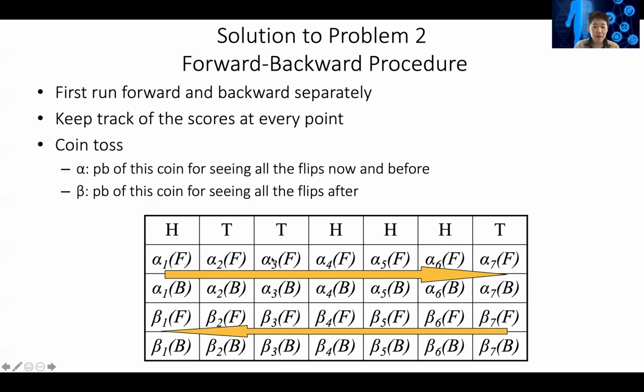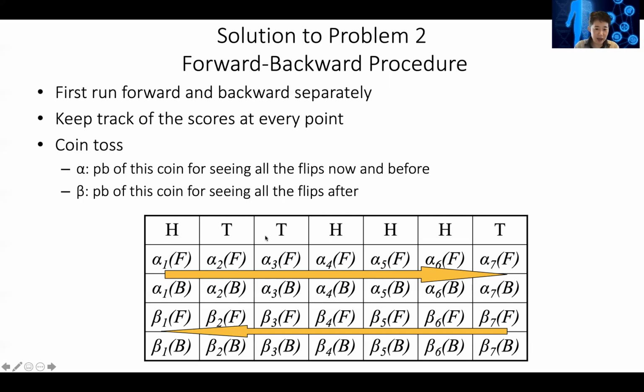Whereas the alpha 3T is what's the probability of using a fair coin in order to see T, and before that T and H. And so we run the forward procedure, we run the backward procedure, we'll fill this matrix, then we can calculate this probability.